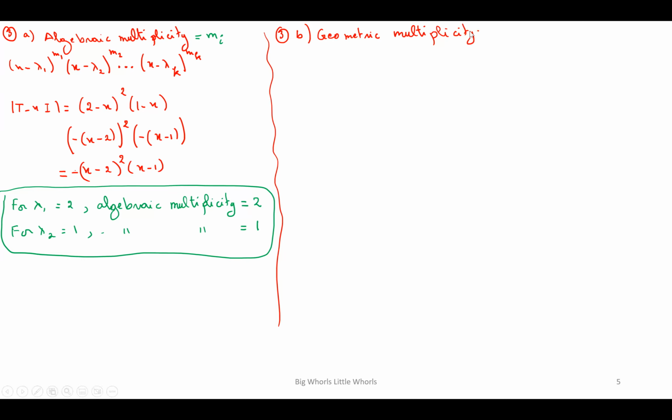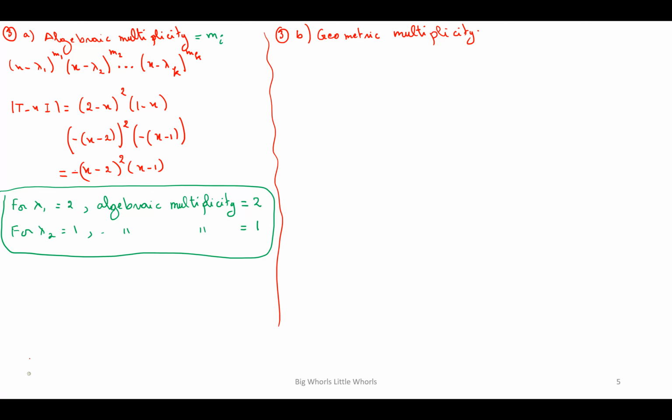And if you recall, the geometric multiplicity is the dimension associated with the eigenvalue, that is, the dimension of the eigenspaces of the eigenvalues.